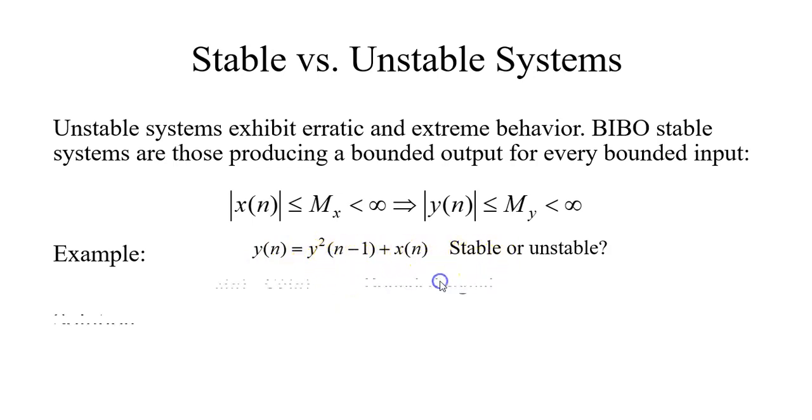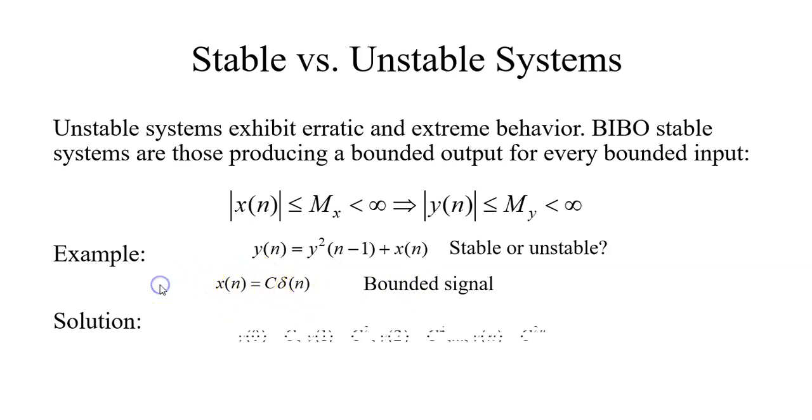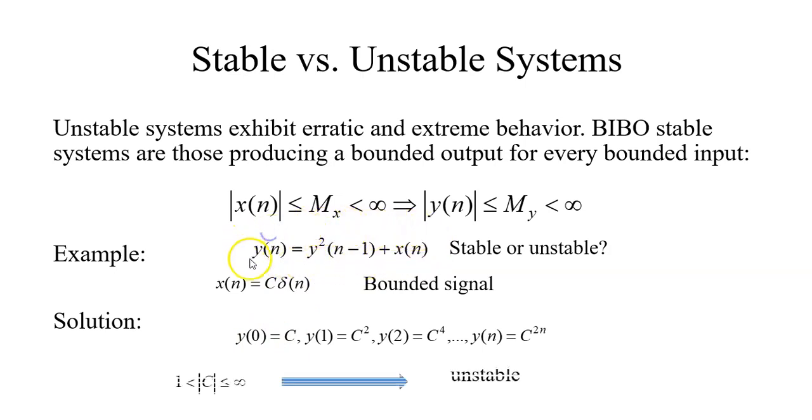Is it stable or unstable? Let's make a check. x of n equals c delta function of n is a bounded signal. If this is a bounded input signal, where c is a constant scalar value, we have delta of n, and we want to check whether it is stable or not.